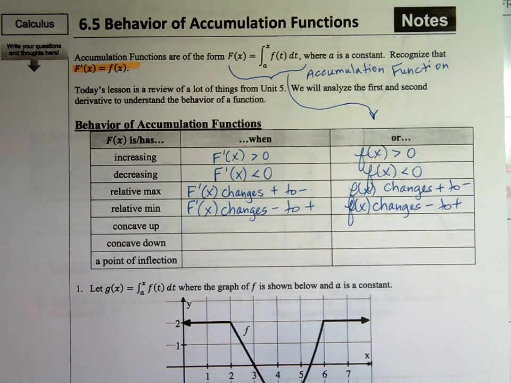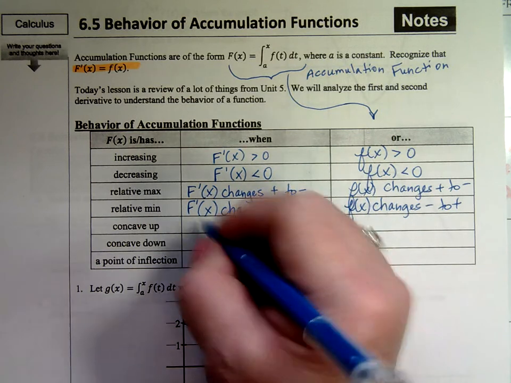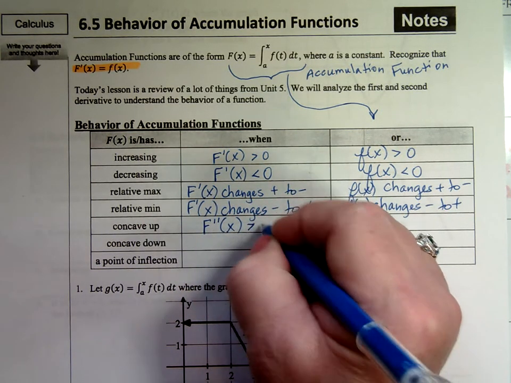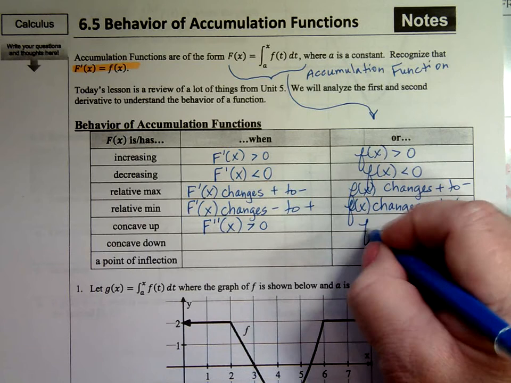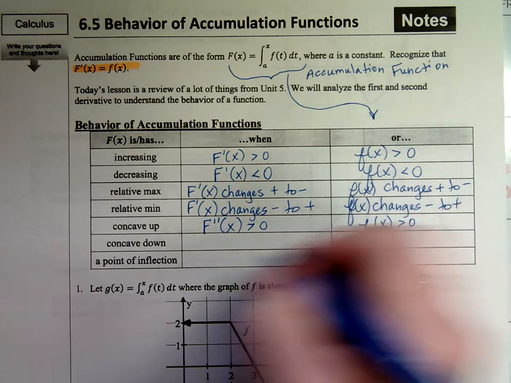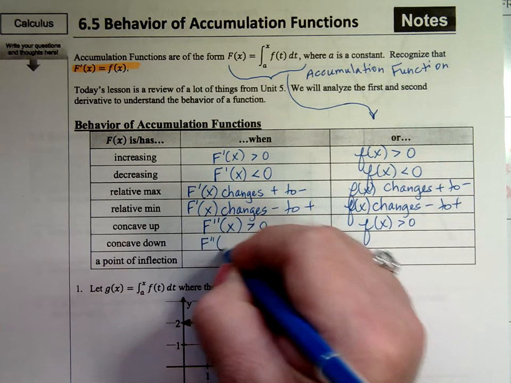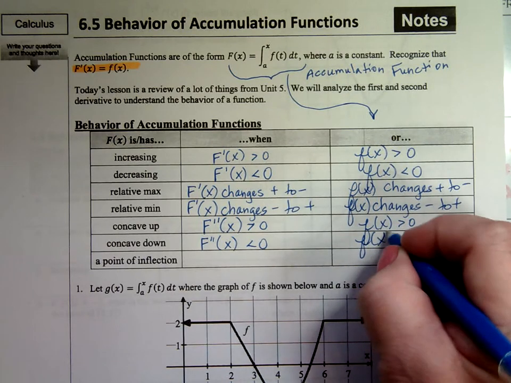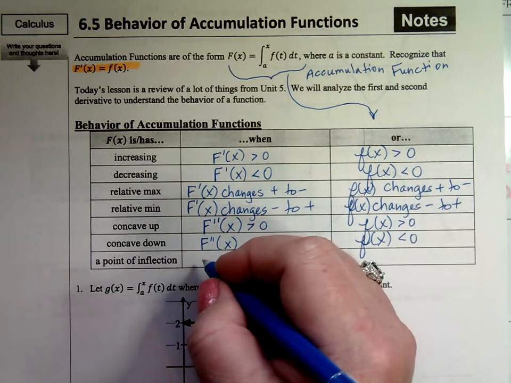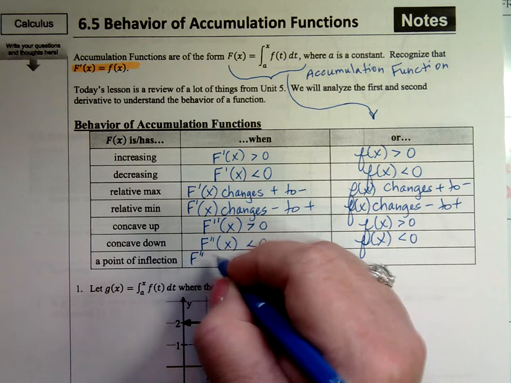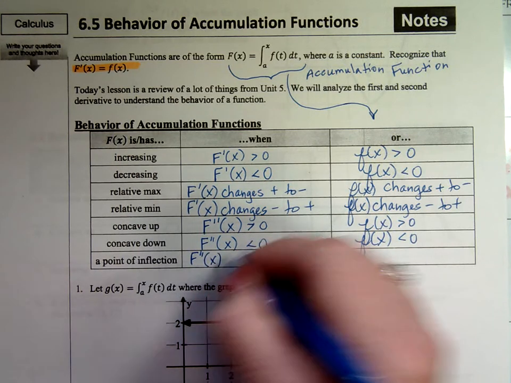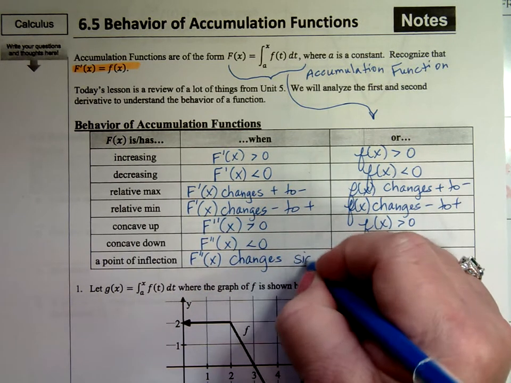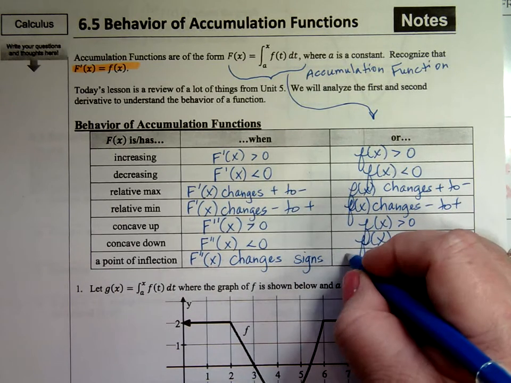We know we have concave up, comes off the second derivative, right? Second derivative is greater than 0. And concave down when the second derivative is less than 0. And a point of inflection when the second derivative changes signs. That is nothing new to us.